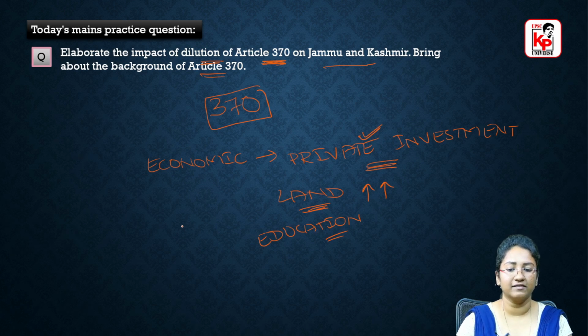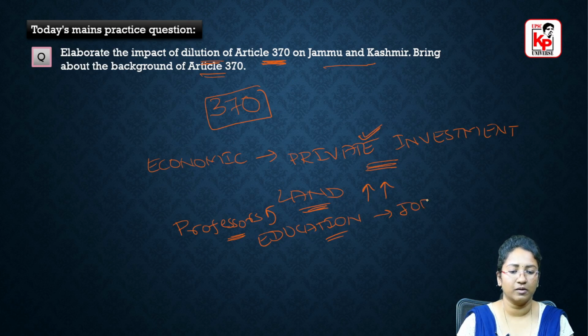And also earlier there was an issue that professors who wanted to teach in Jammu and Kashmir could not stay there because it is only for the permanent residents. Their children could not get any admissions in the schools, and professors were also not so likely to go to Jammu and Kashmir to teach over there. But right now, after this presidential order of 2019, more and more educational opportunities would increase in Jammu and Kashmir.